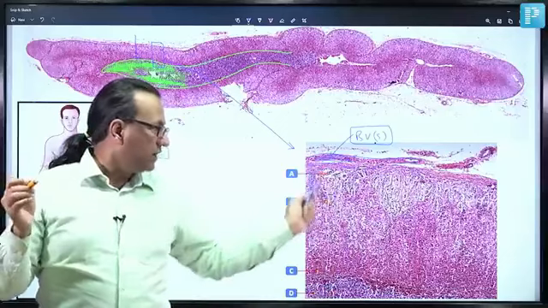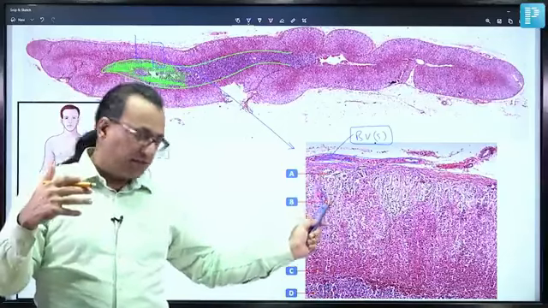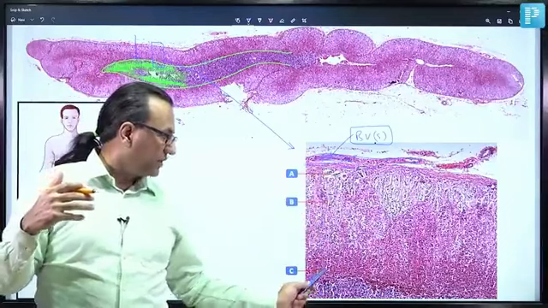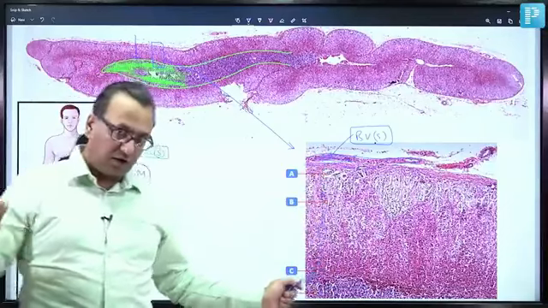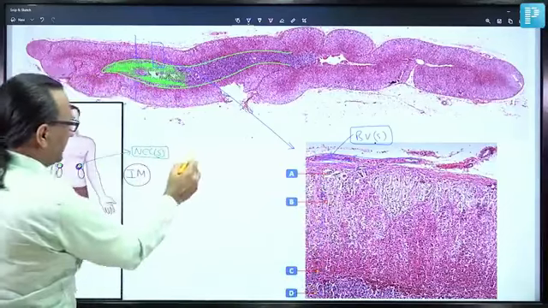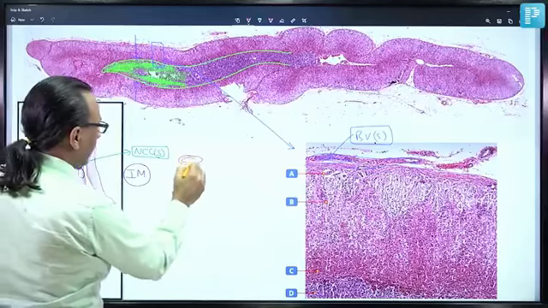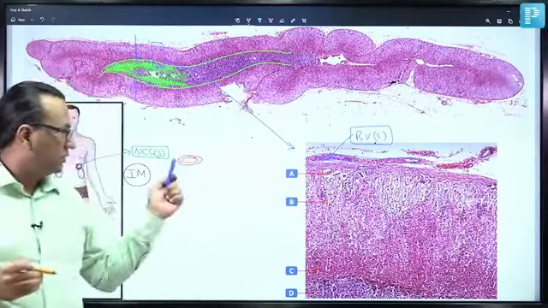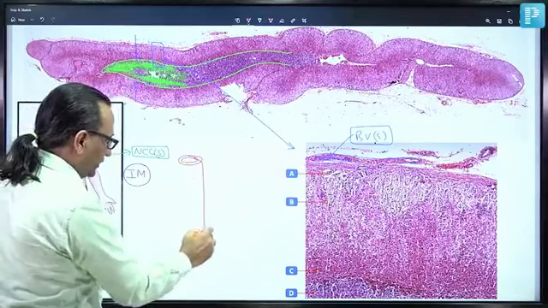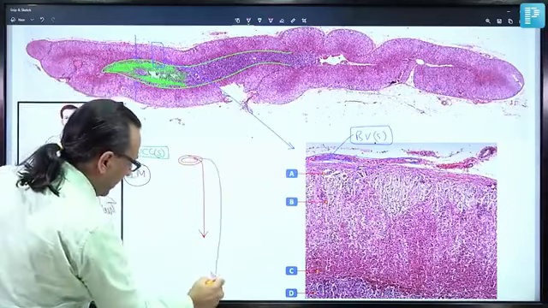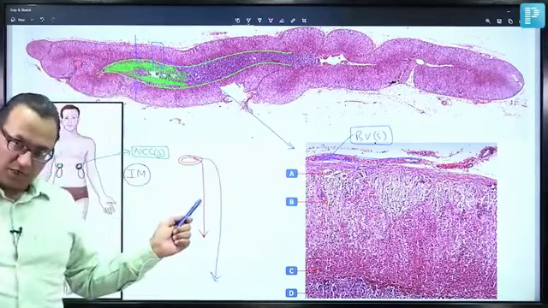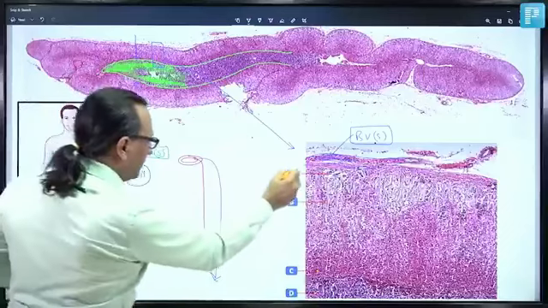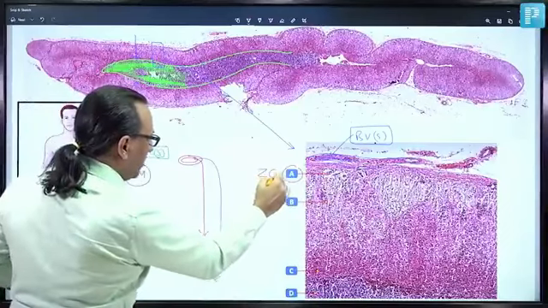And by looking at their anatomical orientation, we can differentiate the 3 zones of adrenal cortex. Let me show here. Say this is the adrenal artery in the capsule, sending branches into cortex and then branches into a medulla.